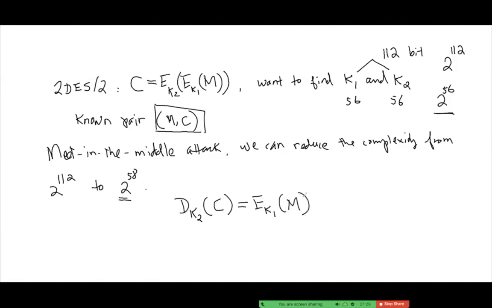What I'm going to do in this meet in the middle attack is, I get all 2 to the 56 many keys: K1, K2, until K_2^56.